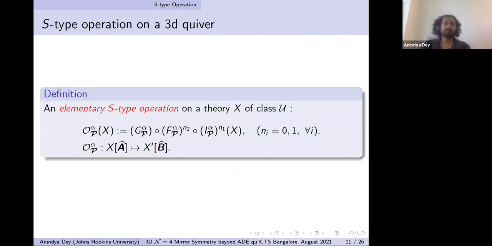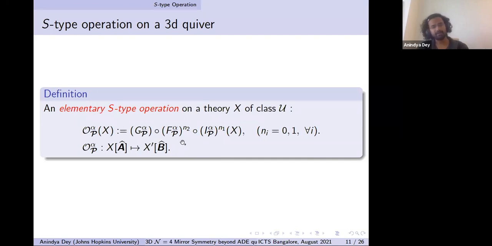So now I can define the generalization of the S operation of Witten. I call this an elementary S-type operation. This operation involves all possible combinations of identification and flavoring, followed by a gauging operation. So you first identify whatever nodes you want to identify, and then flavor the newly identified node.